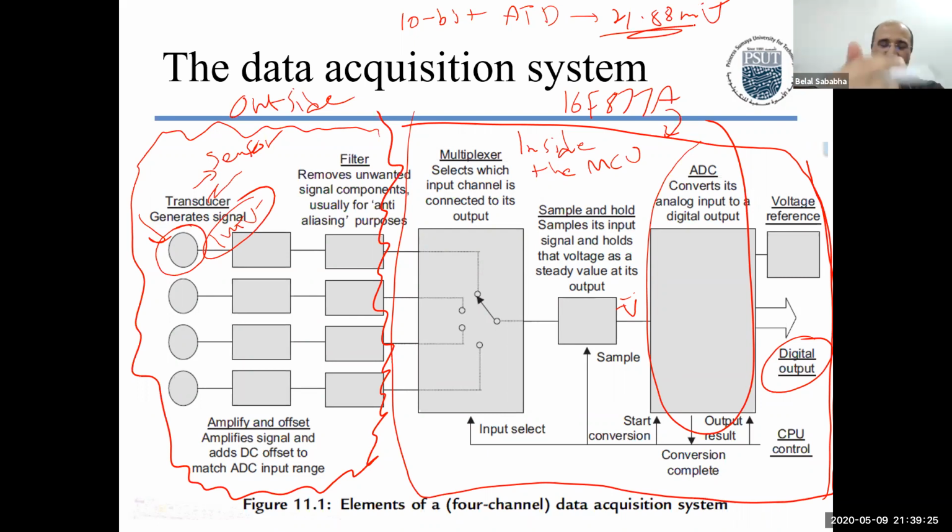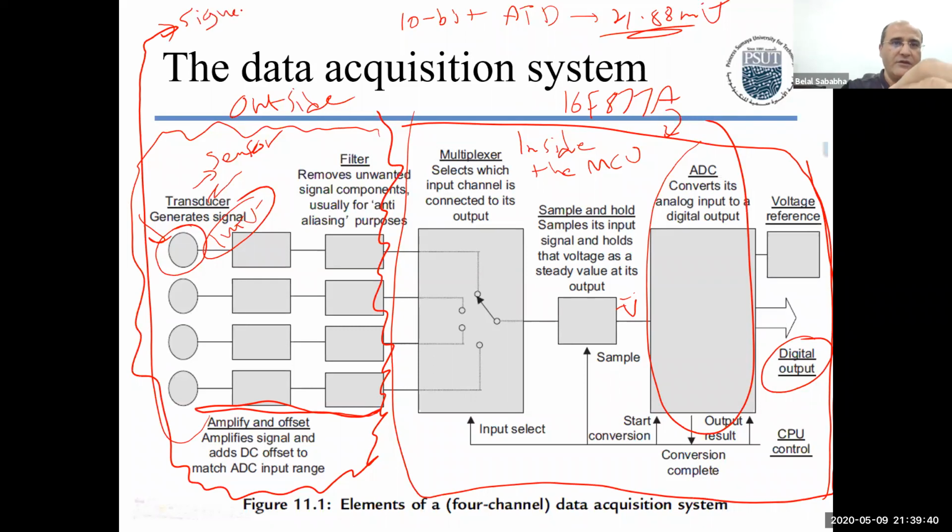So for the signal you take, you need to do some signal conditioning. We call these steps here signal conditioning. Signal conditioning involves amplifying the signal.